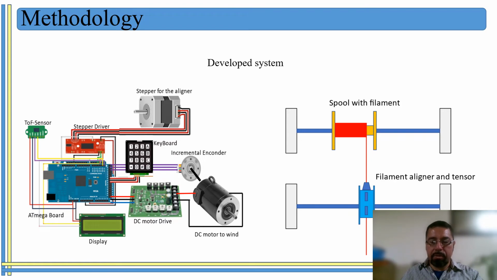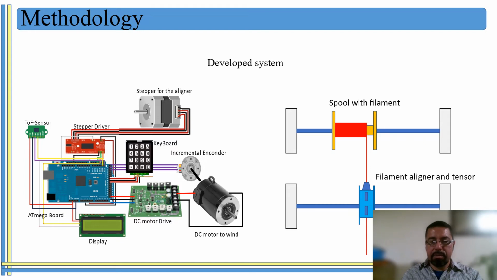And the DC motor is connected to a DC motor drive, which is gonna control the motor speed. And the DC motor drive is connected to the main board, which is an MEJA board where the whole system is implemented.